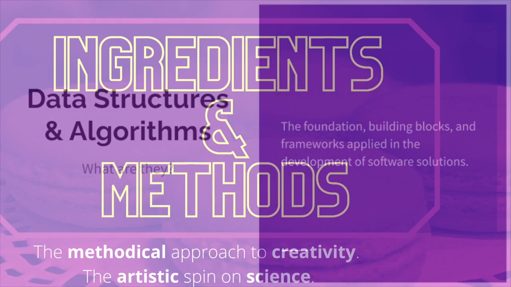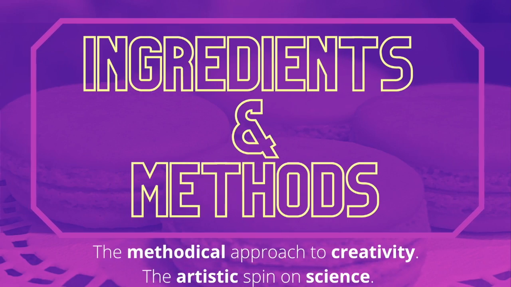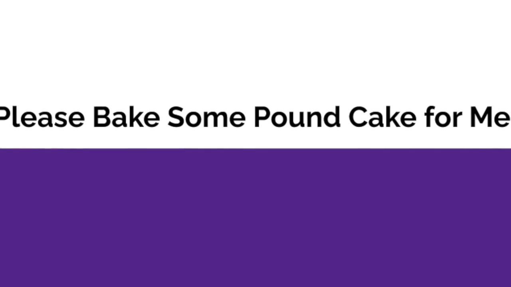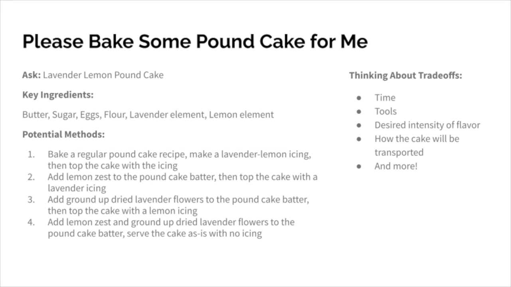To help break this down, I thought it'd be cool to think about a friend or a family member asking you to bake some pound cake for them. So let's say your friend asks you to bake them a lavender lemon pound cake. Now, the key ingredients to pound cake are butter, sugar, eggs, and flour.